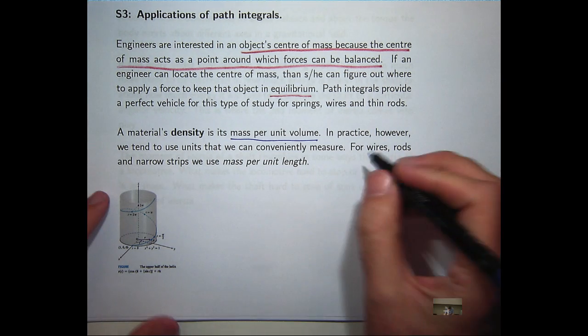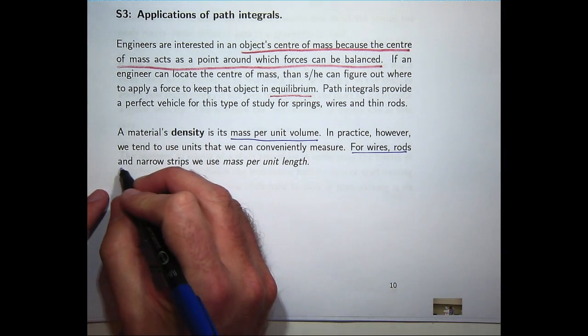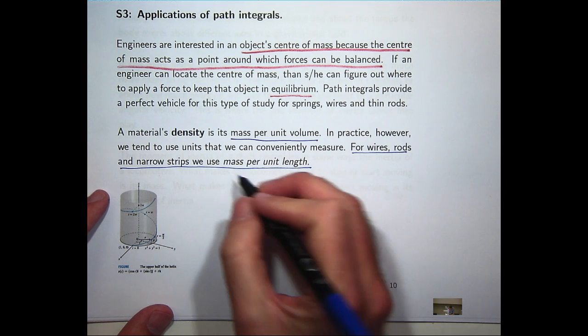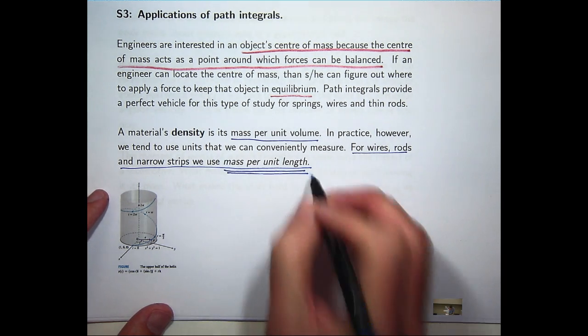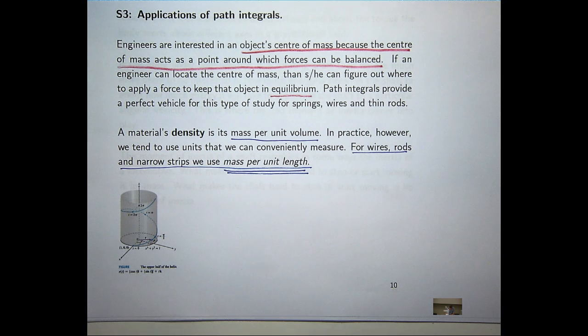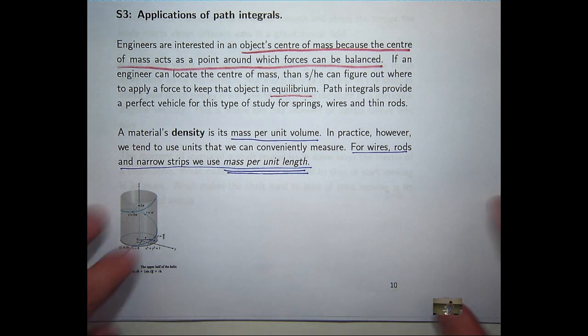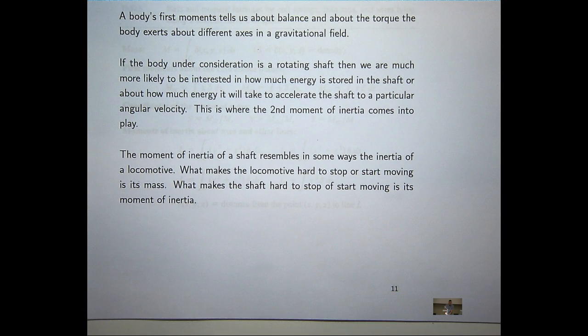So for wires, rods, etc., we're going to use mass per unit length. Again, I've got the helix here. You can think of that blue curve as representing some wire.